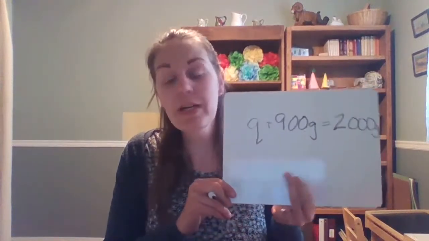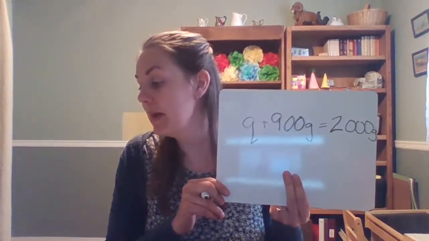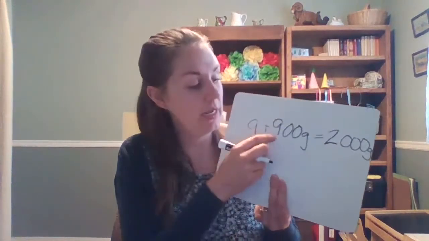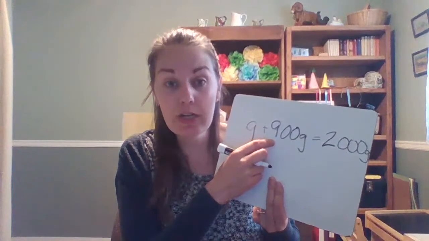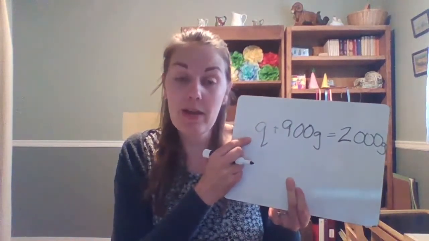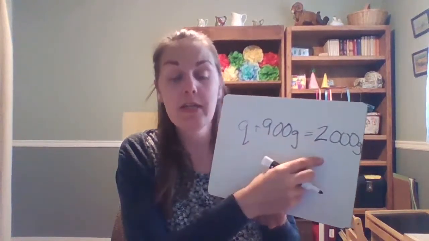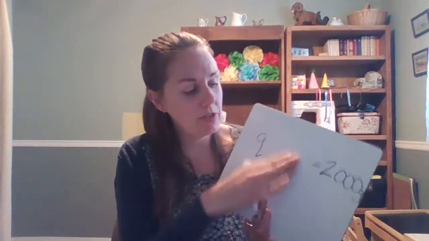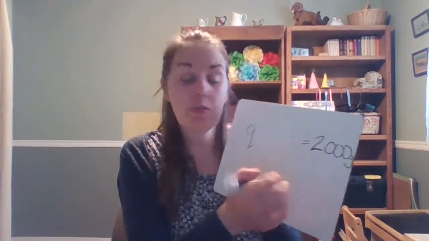Number 16 says, what is the mass of the quarters alone? So again, we would take the 2,000 and take away the 900 that we're adding to it. Because remember, on this side, we have the mass of the quarters plus the 900 for the jar is going to equal 2,000. Let's take away the weight of the jar. So we're going to take away the weight of the jar here, but we also need to do it on the other side.